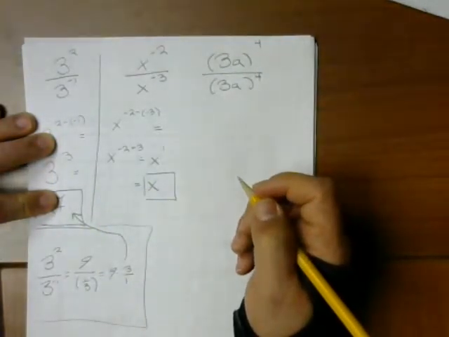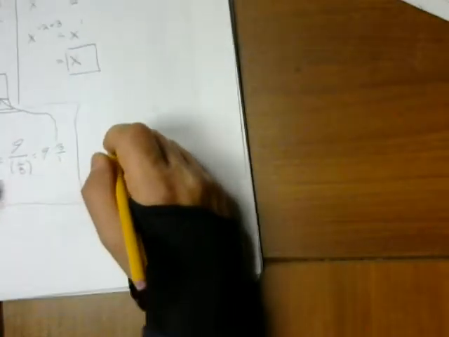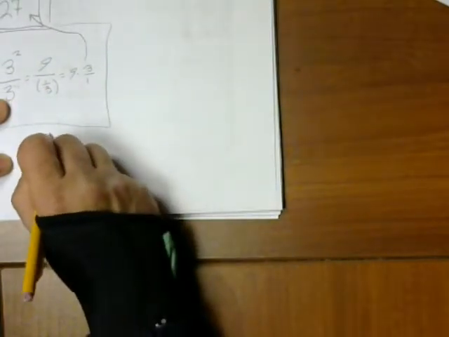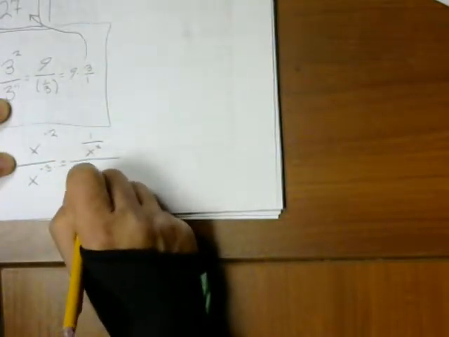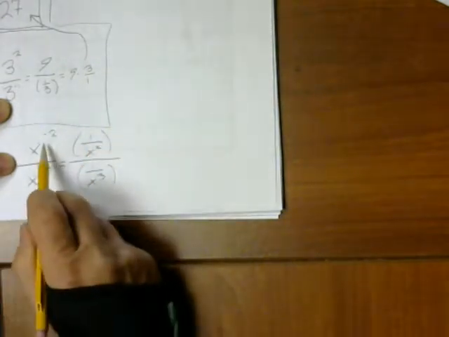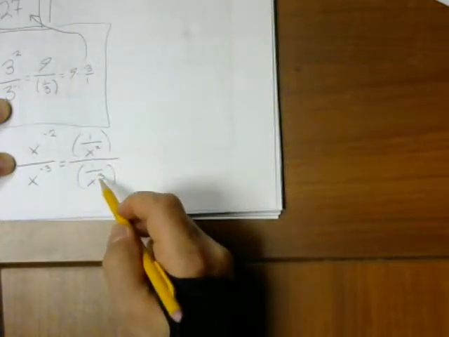Very simple. Once again, I could have solved this differently as well. If I have x to the minus 2 divided by x to the minus 3, well, this by definition is this, because we can get rid of the negatives in our exponents if we take the reciprocals.